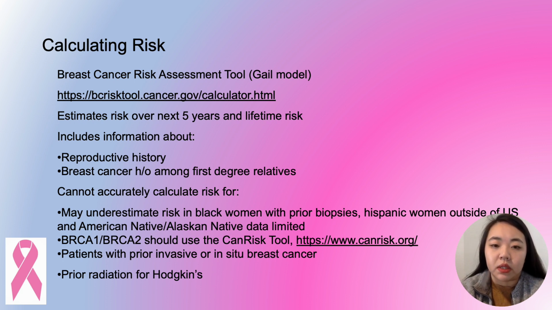It may underestimate the risk for Black women who have received prior biopsies and Hispanic women that are outside of the US. In addition, for American natives and Alaskan natives, the data isn't as strong. For BRCA1 and BRCA2 patients, there's an alternative risk tool called CanRisk, and patients who have had prior invasive or in situ breast cancers or patients with prior radiation for Hodgkin's might have an underestimated risk.